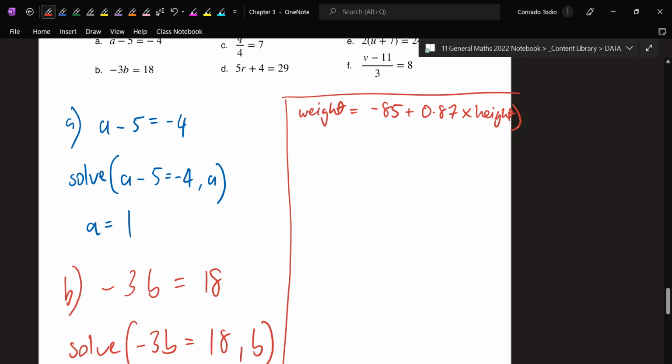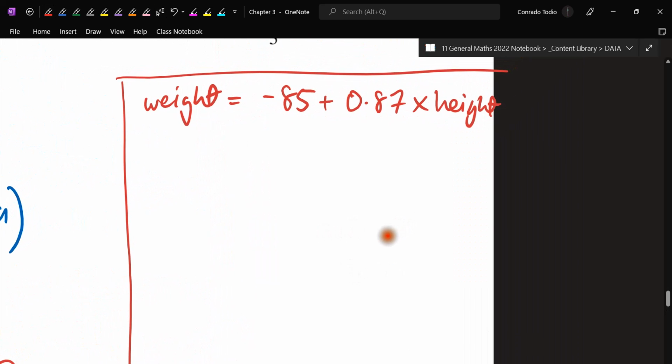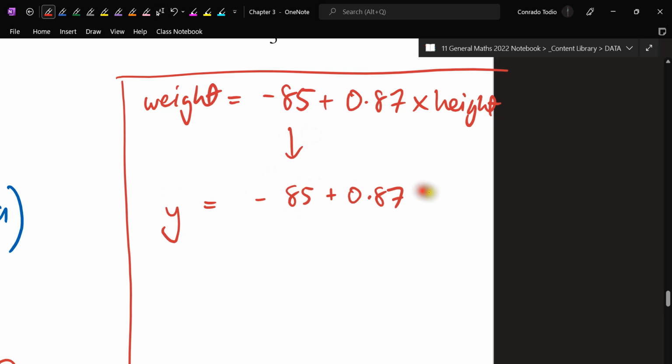Normally you'll be given a formula, right? And most of the time, it tells you to make a prediction on weight. But sometimes you might need to look for a prediction on height. I'm going to transfer this formula back to y equals. So for now, y equals negative 85 plus 0.87 times x.